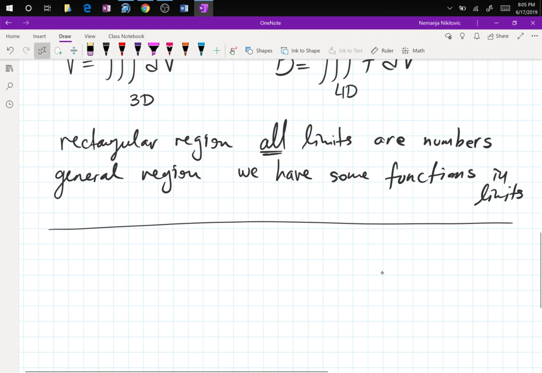So let's work on some of the cool stuff and see what we can get here. Before we do that, I want to write the triple integral.